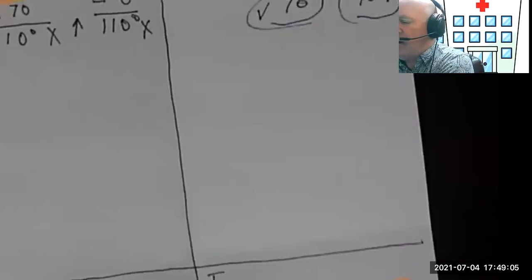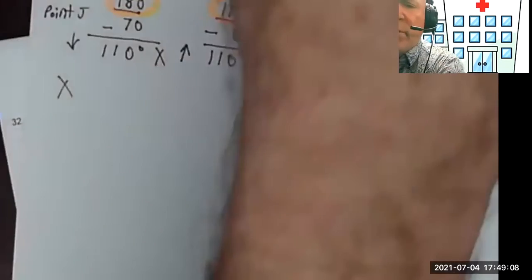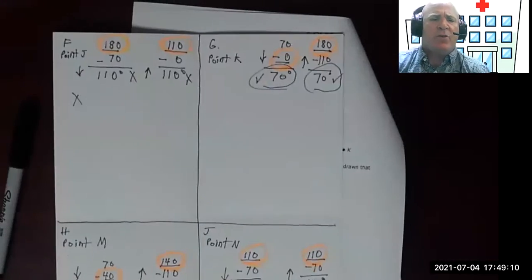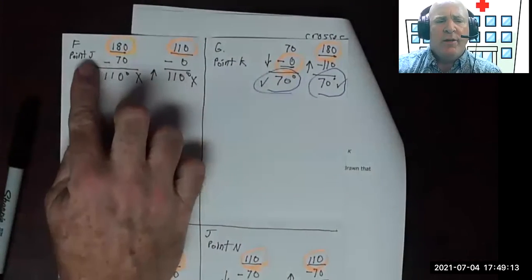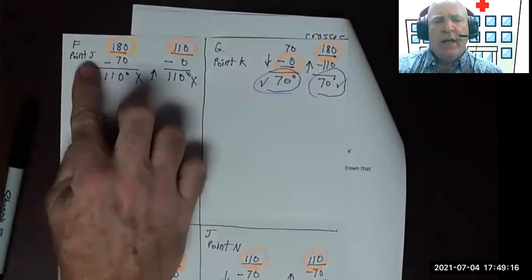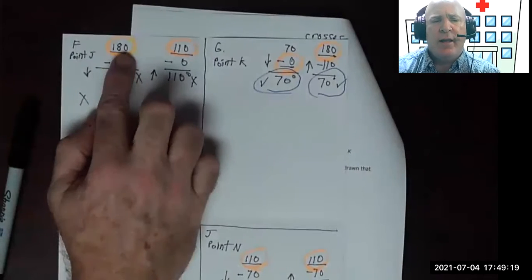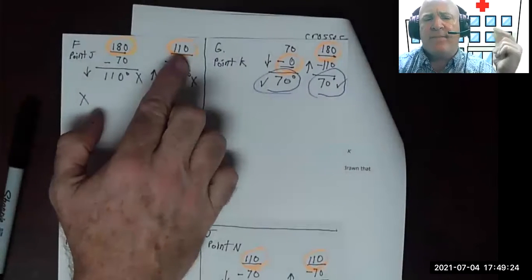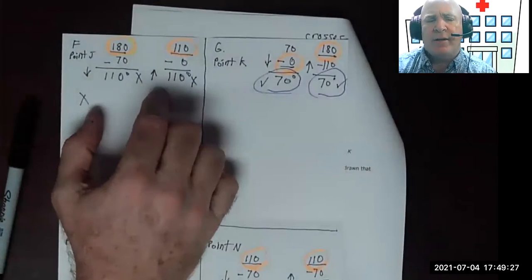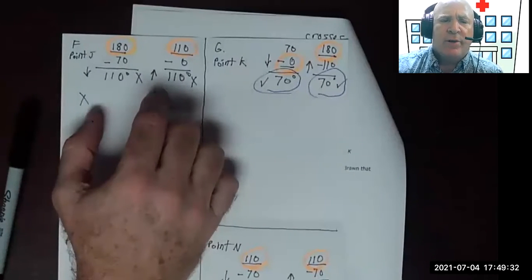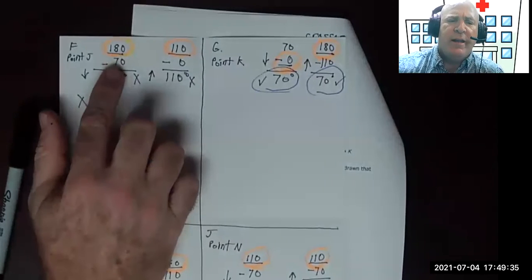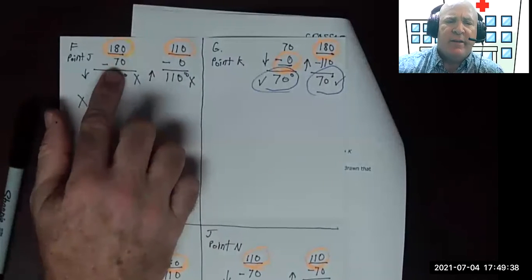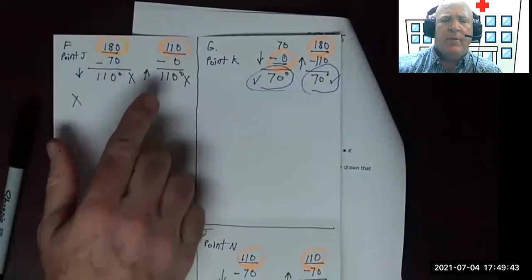So let me show you how I would set it up. You can use a T chart. F said point J. Point J passes through 180 and 110. I went ahead and circled them. And so difference, you subtract. And so what we do is we subtract 180 minus the 70 and 110 minus 0.